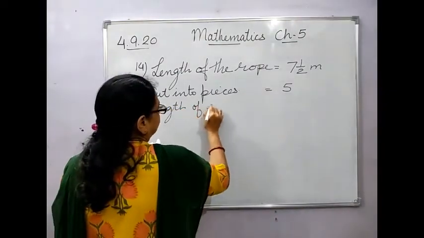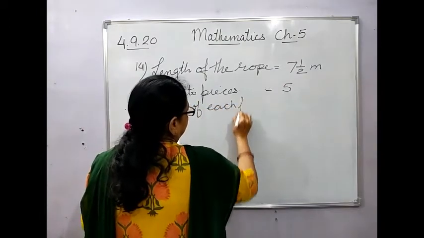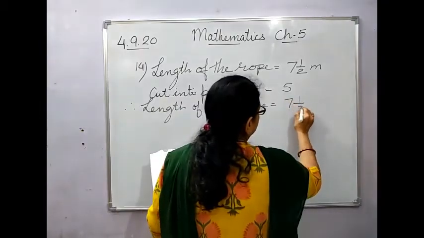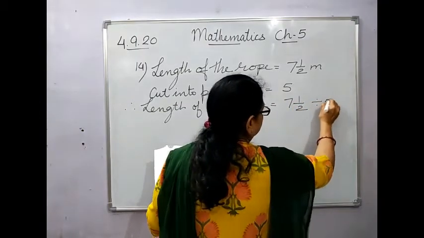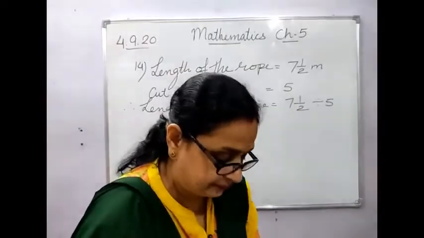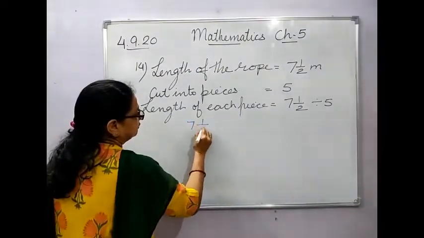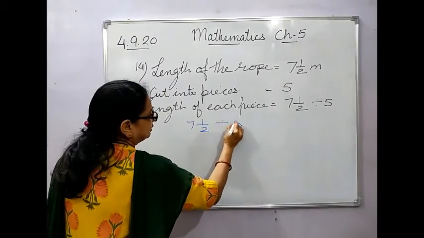Length of each piece is equal to 7.5 divided by 5. So it is 7.5 divided by 5.